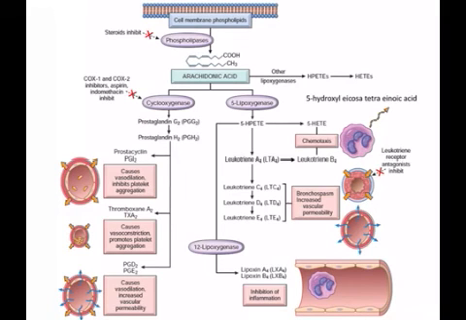And then some other mediators include leukotrienes, right? So leukotrienes are particularly involved in the immune reactions. Leukotrienes are specifically involved in respiratory inflammation or bronchospasm.